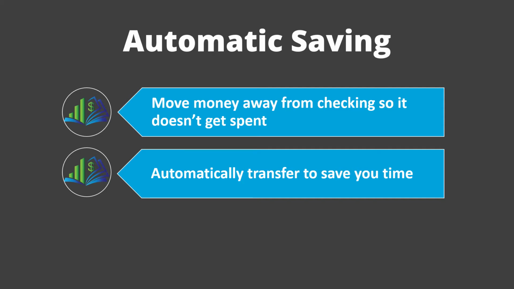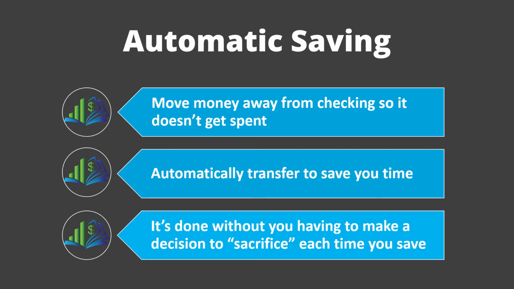By doing so, it's done without you having to make the decision to sacrifice each time you move money into savings. Since it happens without you even thinking about it, you don't have to feel any sacrifice or pain in the process. It just happens. And before you know it, you have money in savings and you're building up wealth.